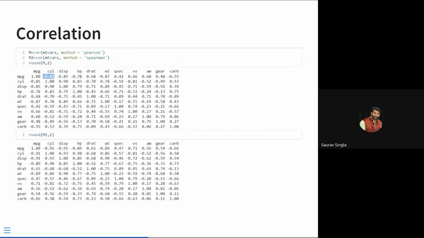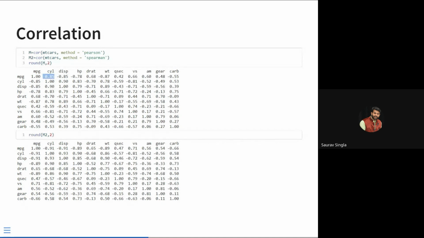So straightforwardly, the minus sign is showing us that this is a negative correlation between miles per gallon and number of cylinders. That means as the number of cylinders increases for our cars, the miles per gallon, that means the average number of miles every gallon of petrol the car is running, decreases.